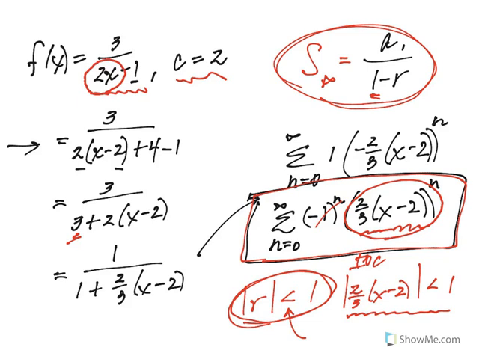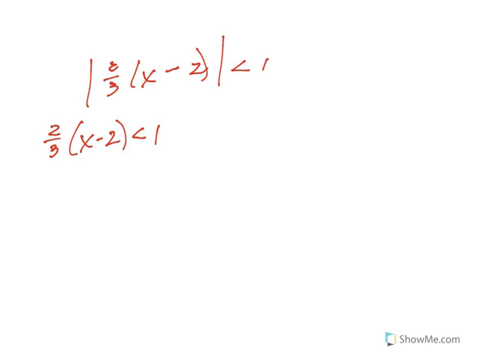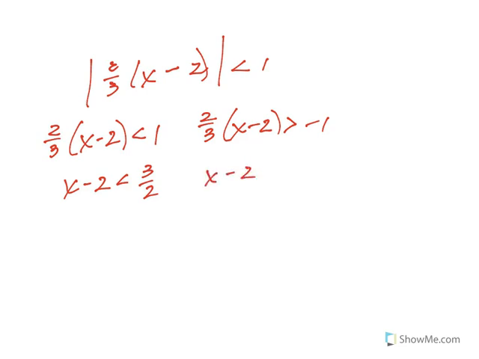Now, you'll need to solve this to find the endpoints. So let's do that really quickly. I've got the absolute value of 2/3 x minus 2 less than 1, which gives me 2/3 x minus 2 less than 1, and 2/3 x minus 2 greater than negative 1. Multiply both sides by 3/2: x minus 2 less than 3/2, x minus 2 greater than negative 3/2.